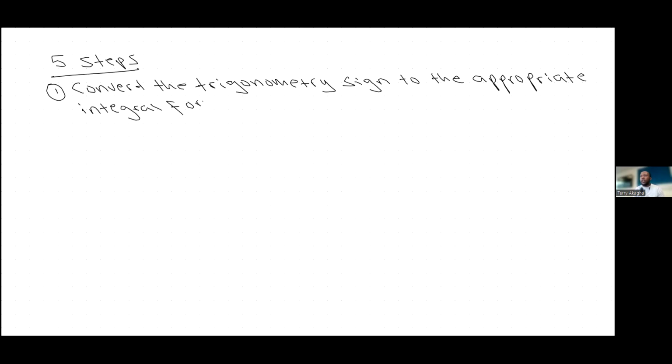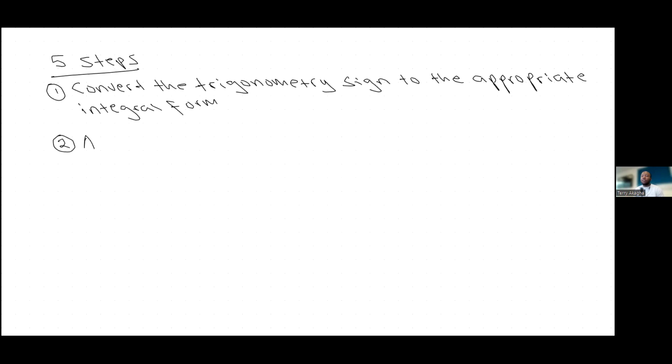And number 2, after you've converted, you have to add the variable from the question to step 1 to give you the integrated trigonometric function with the variable in brackets. You are just replacing the trigonometry form with the integrated trig form from step 1, okay? Don't worry, I'm going to solve an example like I always do to explain the concept. It's very easy, okay?